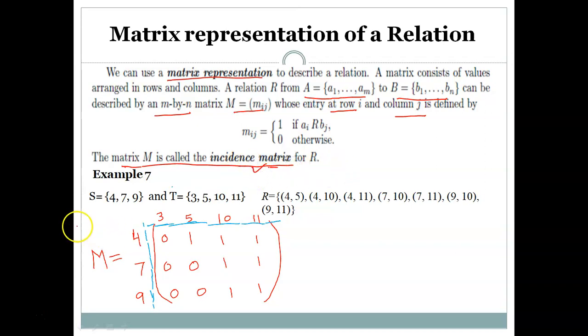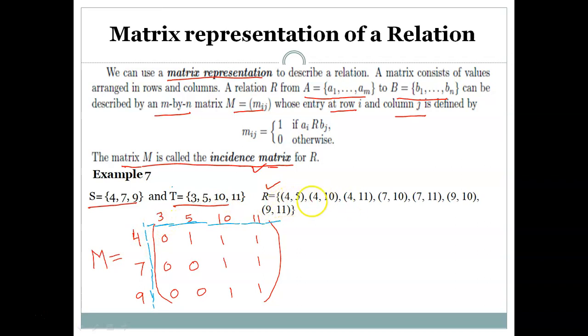Again, we refer to the values given in example 1. So there was S and T, and the relation is like this. Here we write elements of S, 4, 7 and 9, and elements of T on the top. Now look at the relation. 4 is related to 3?